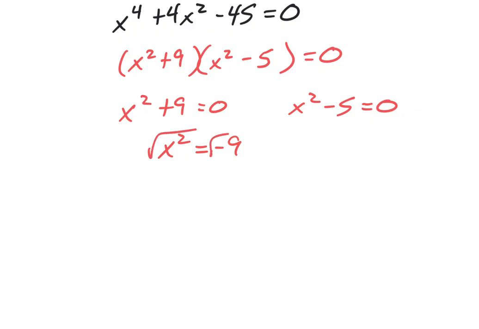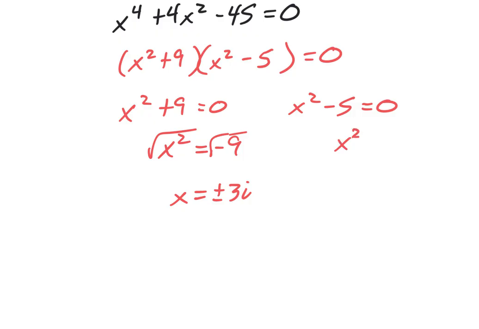And when I take the square root of -9, what would be my solutions there? What happens when I take the square root of -9? 3i, good. And because we're doing the square root method, we have to put plus or minus on it.